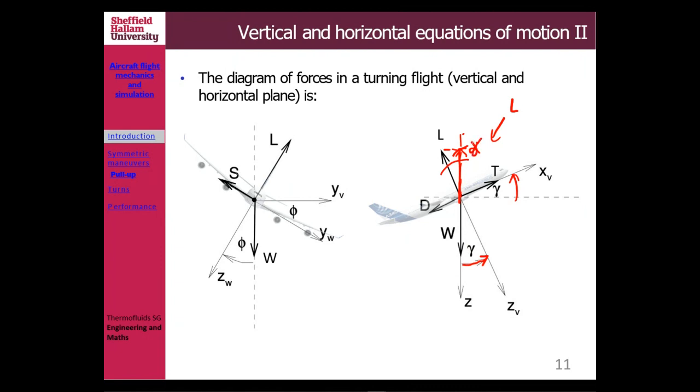Sorry, this should not be alpha, I don't know why I put alpha there. So L cos gamma equals weight, if you look at the Z axis there, right? And then D, which is your drag, equals thrust in terms of force.